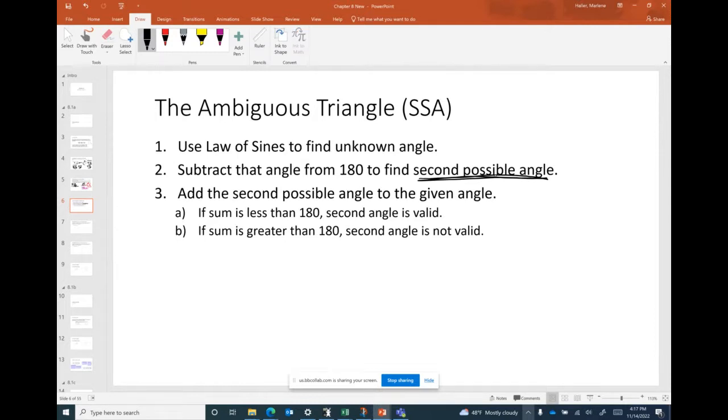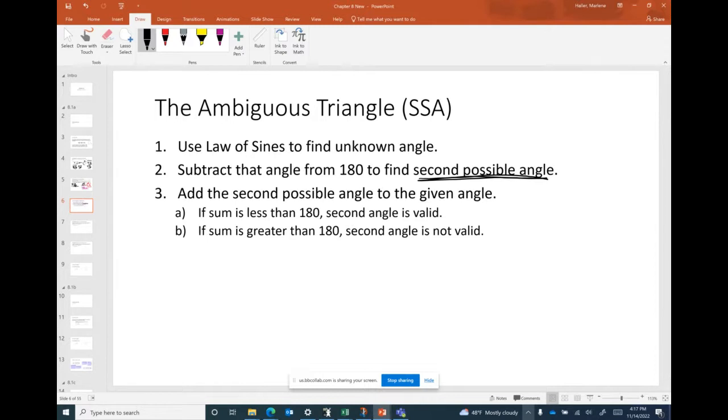Now what you're going to do though is add that second possible angle to the given angle. If this sum is less than 180, then there is a second triangle possible, and it is an ambiguous triangle, right? If you add this angle that you found to the given angle and it's greater than 180, then no, there is not a second triangle. It's going to be 1.